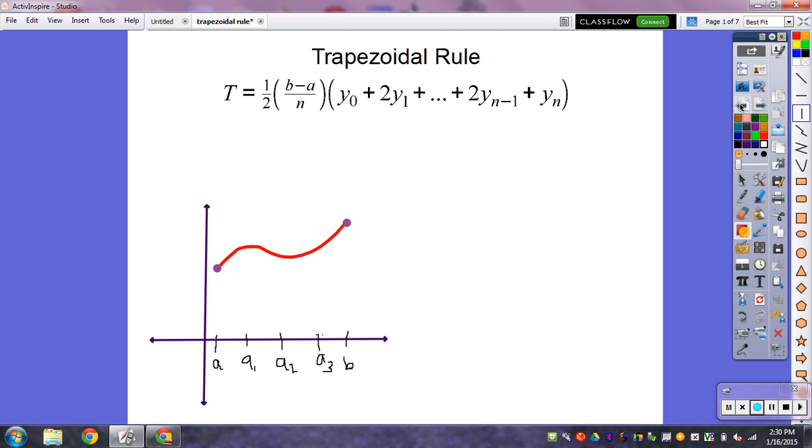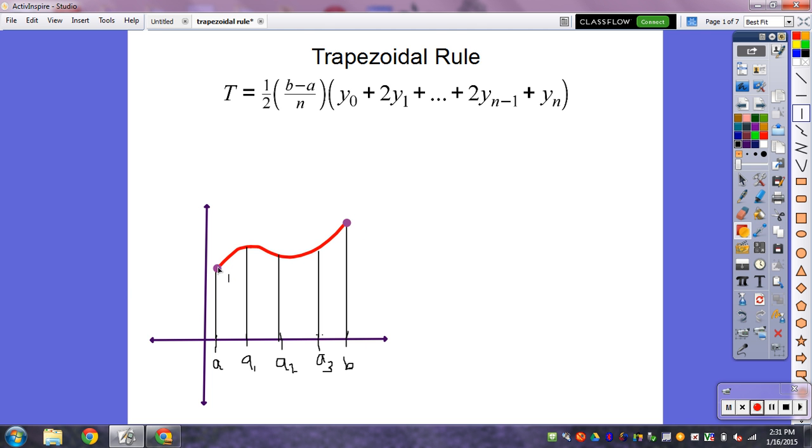So at our A value, our A sub 1, A sub 2, A sub 3, and then our right bound, which would be B.